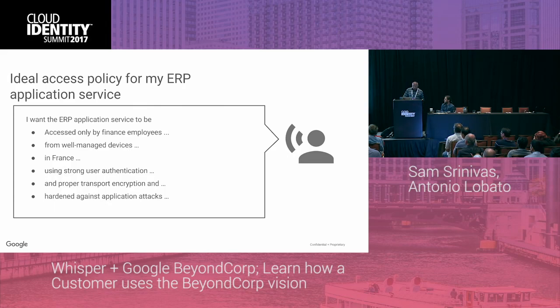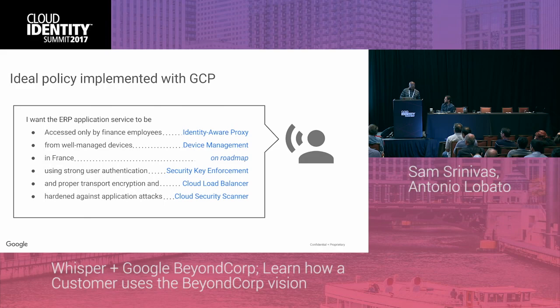So each of these parts which I told you about is a different component of what you have in Google Cloud Platform. So the accessed only by finance employees is the identity-aware proxy. We'll talk about a little bit more detail. From well-managed devices, device management, working with the identity-aware proxy. I will, again, talk about that. The notion of the geo is just a roadmap item which is coming to consume more context in the identity-aware proxy.